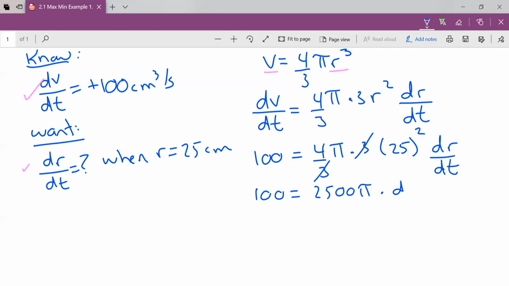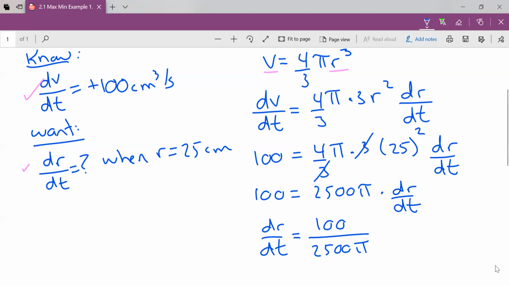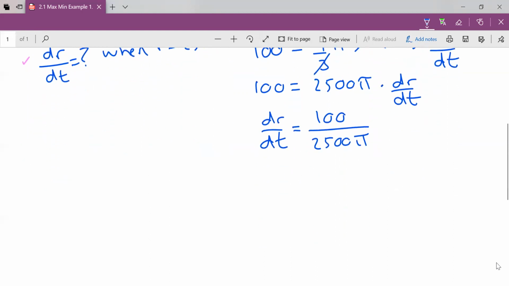I like to leave things in exact values and do this without a calculator, because at some point, if you go on to university and take higher level calculus, you might not get to use a calculator, which is a scary idea. But we didn't really need it here at all. Then I simplify that down. The change in radius with respect to time is 1/25 pi.